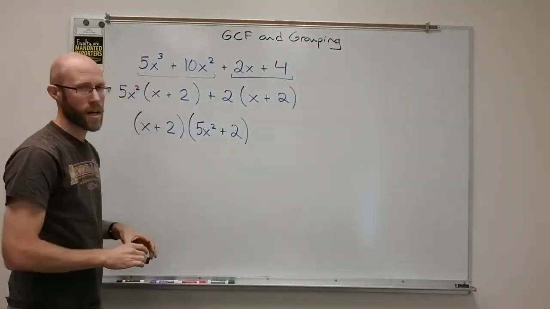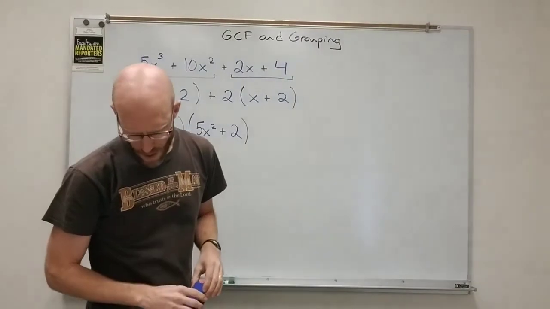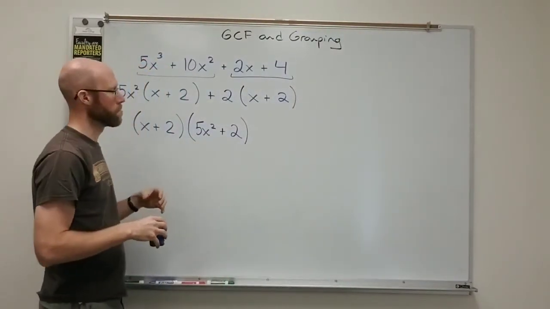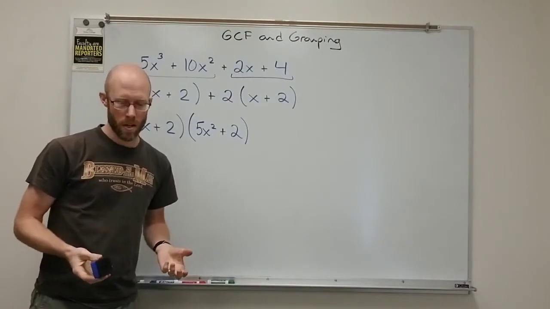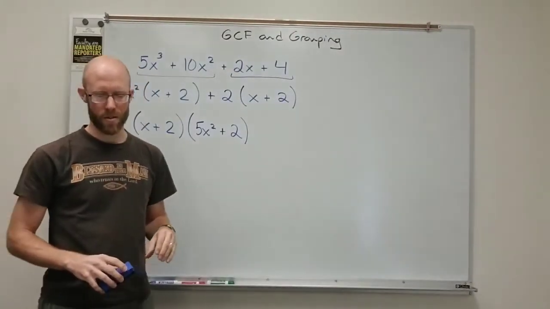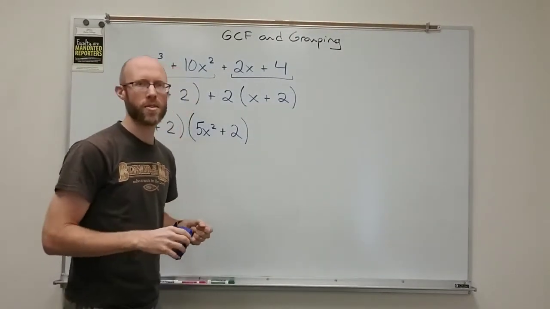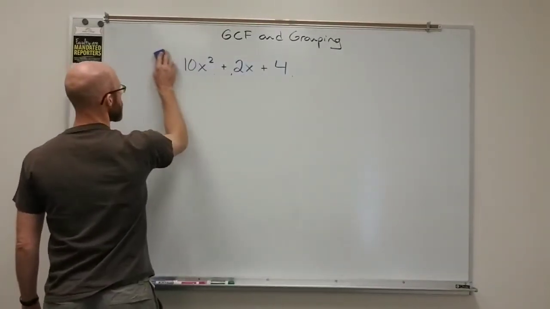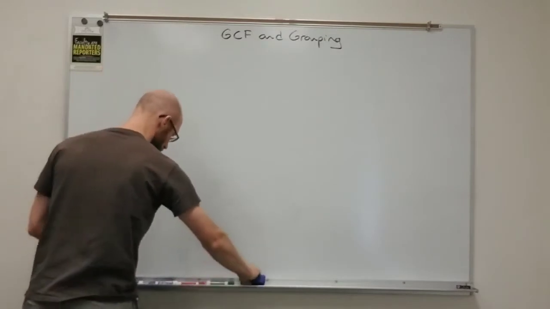Let's try this again. Some of these grouping problems will mix multiple variables in them. Some of them will have some tricks with the negative signs in them. So let's take a look at just a couple more examples before we move on.